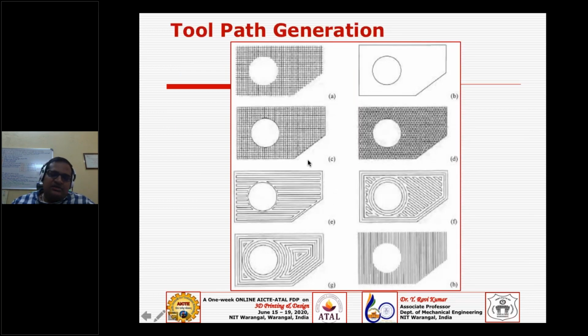So toolpath is exactly how your FDM head has to deposit the material or your laser has to scan. How to do that? Any 3D printing system first lays the outer layer, the boundary, and once you put the boundary and fill that boundary, you can use any toolpath strategy. So why is the toolpath strategy important?